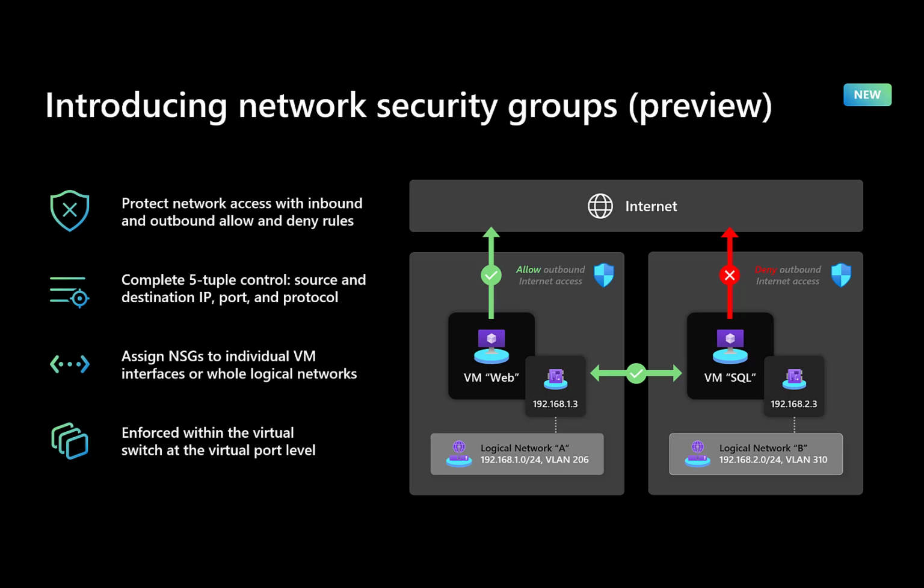And network security groups allow you to apply granular network policies between applications and services and restrict access for workloads attached to traditional VLAN networks and overlay networks. You can apply NSGs to the vNICs on your VMs, but you can also apply it to your logical network. Again, that is just your VLAN within your data center, so that every VM on that logical network automatically gets that network security group as well.